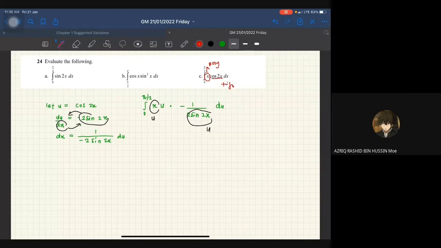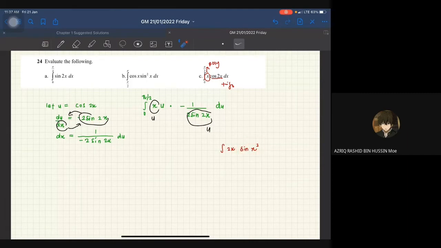Tapi ada sesetengah soalan yang awak kena guna substitution. So contoh soalan adalah, let's say we have 2x sin x squared. Ni contohnya. Okay, so kalau soalan macam ni, this one is polynomial. This one adalah trig.